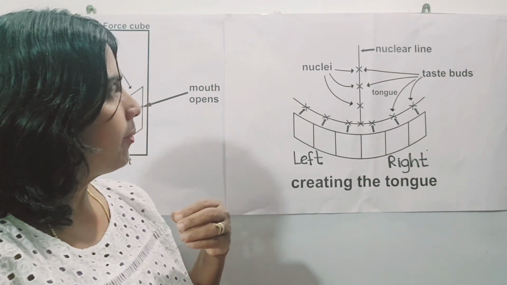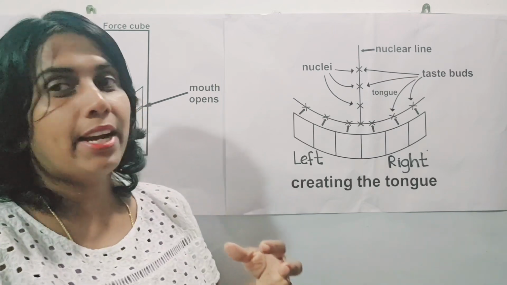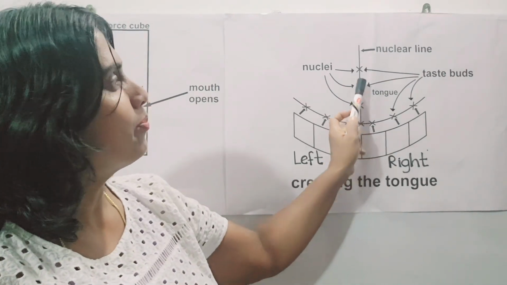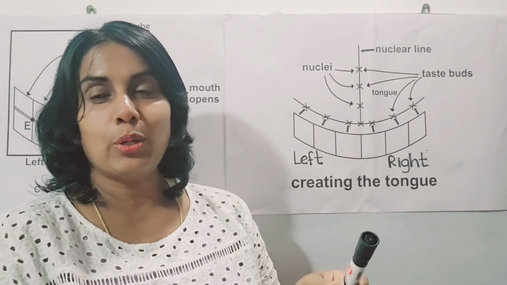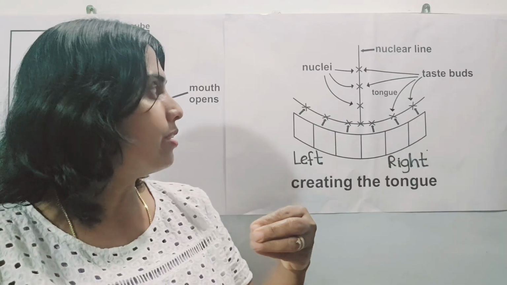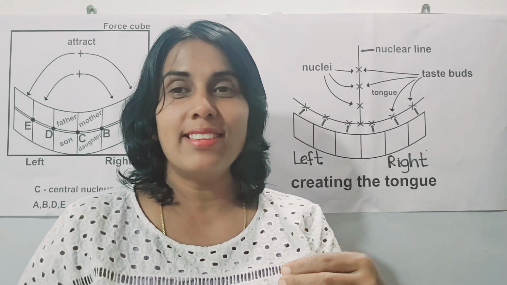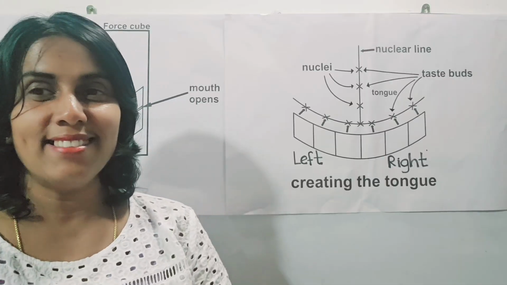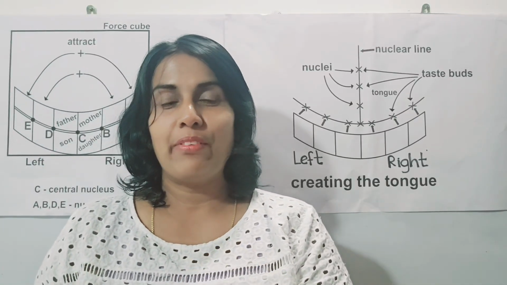The taste of the food that we eat decreases as you go from here to here towards the throat. At the tip of the tongue only you can taste the food faster and stronger. The powerful taste you can experience at the tip of the tongue.